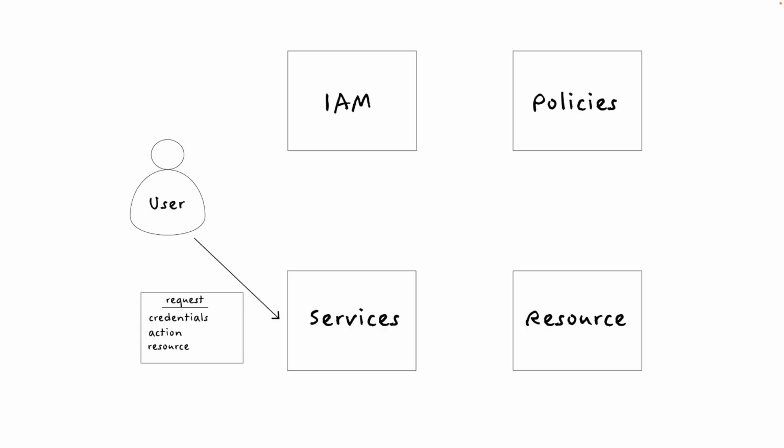So authorization comes into play when a user wants to use an AWS service to do something. So in our previous example, we had a user that wants to save an image to an S3 bucket. When the user wants to use a service to do something, a request is sent. And the service needs to determine whether that request should be authorized.